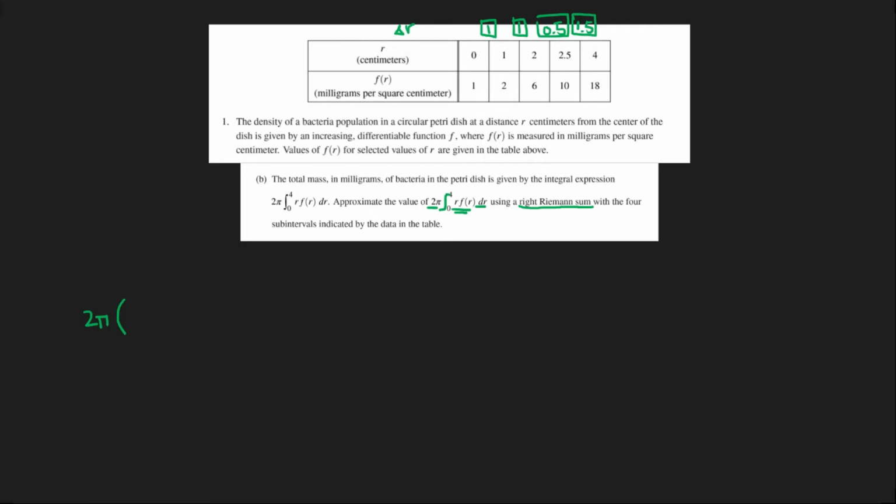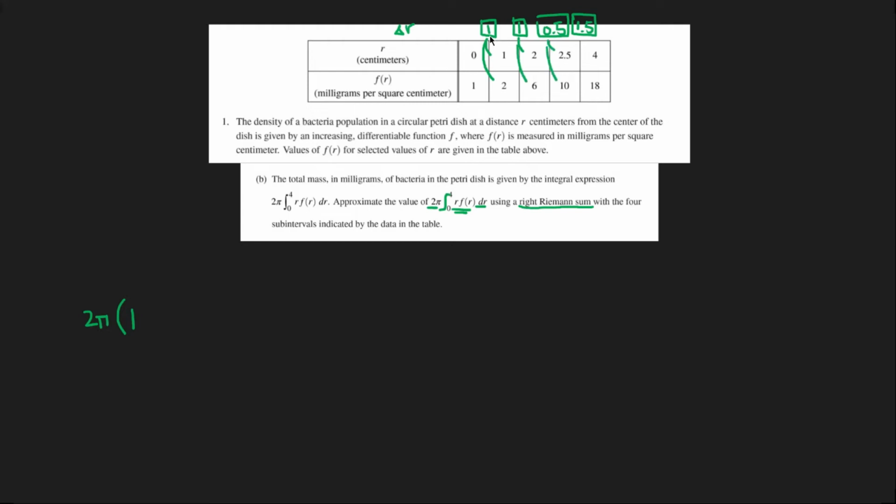So we already determined that our first width is going to be 1. And the r and f of r values that we're dealing with, the height values, are going to be on the right. So these will refer to these values. Let me do that for everything else so that we're clear.